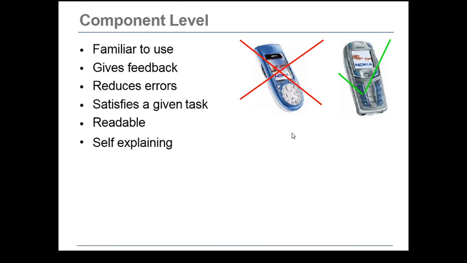So what are the particular circumstances behind that? Familiar to use, gives feedback, reduces error, satisfies a given task, readable, safe, explaining. So when all these circumstances are fulfilled by a particular product, then we can say this is the component level.